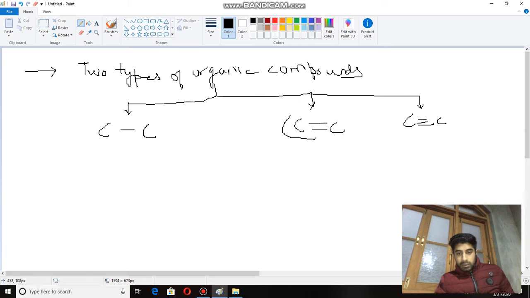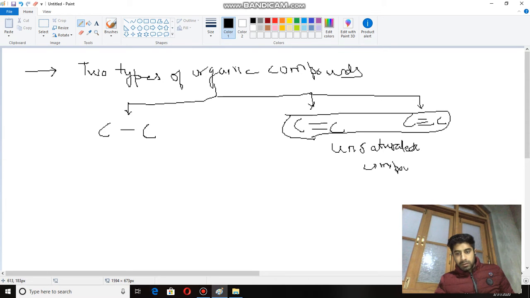So these two groups of compounds are classified as unsaturated compounds, and this one alone is in the category of saturated.